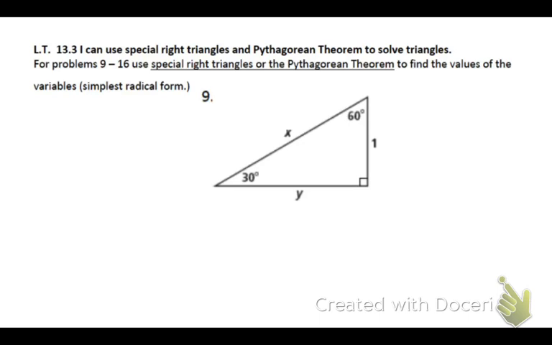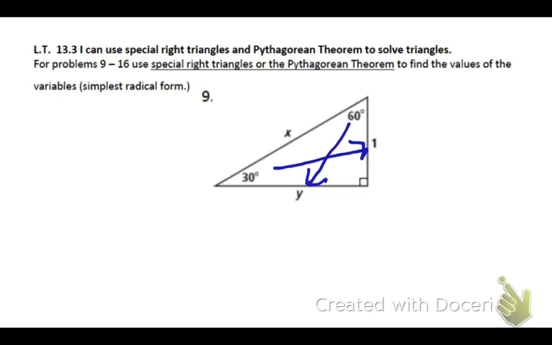Okay, special triangles. So we have the 30-degree leg, and they say that that's 1. So anytime you're going from the 30-degree leg to the 60-degree leg, you always just have to multiply by radical 3. Now, radical 3 is obviously bigger than 1. It's 1 point something.